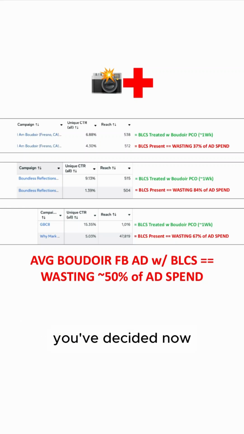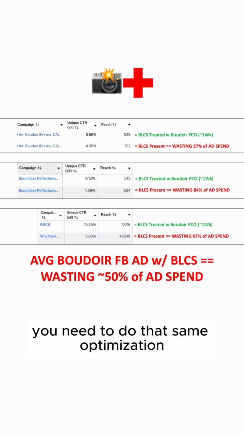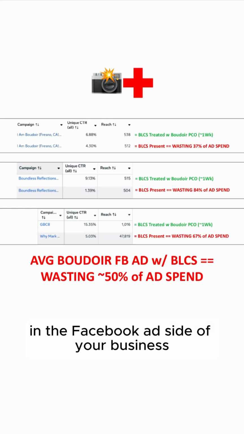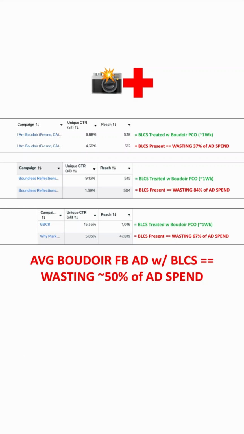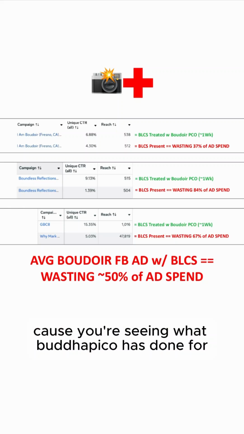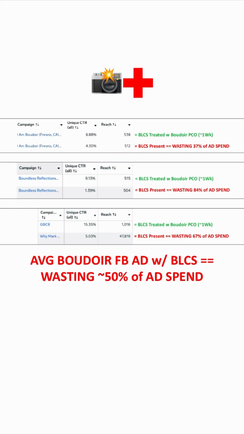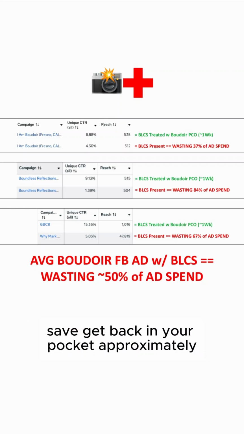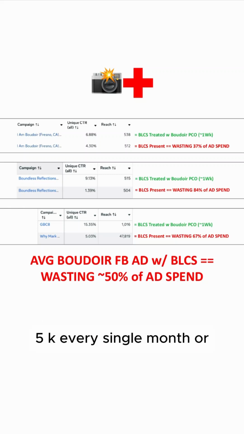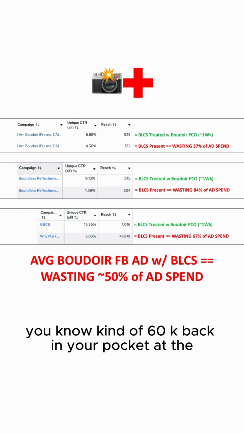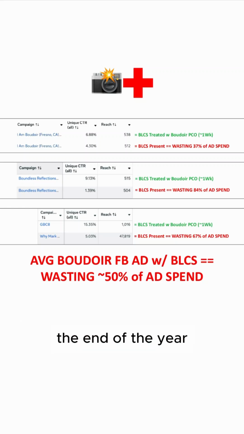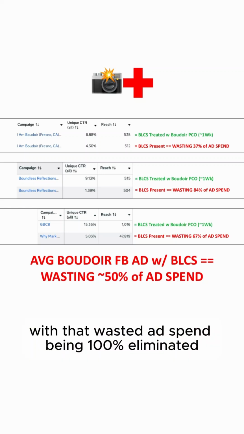You've decided now you need to do that same optimization on the Facebook ad side of your business, because you're seeing what Boudoir Pico has done for other people's Boudoir Facebook ads, and you want to get back in your pocket approximately 5K every single month, or 60K at the end of the year, with that wasted ad spend being 100% eliminated.